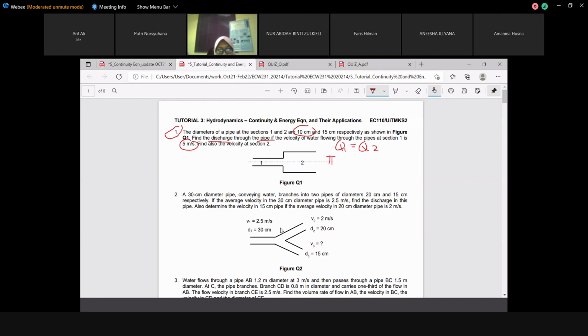Pi D adalah 0.1 tukar kepada meter, bahagi 4 darab dengan 5. Berapa Q1?